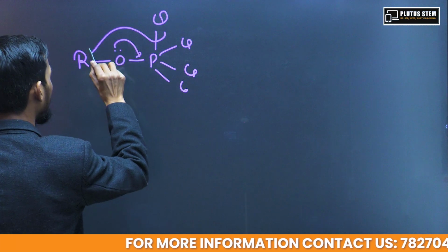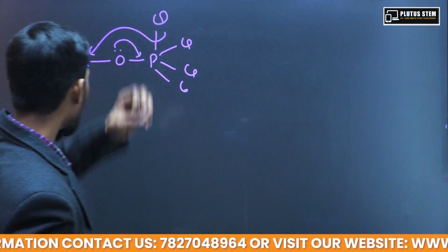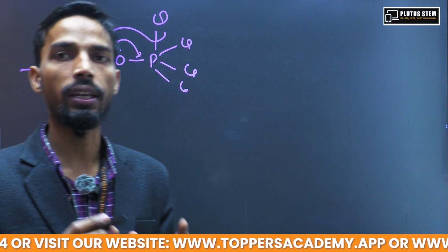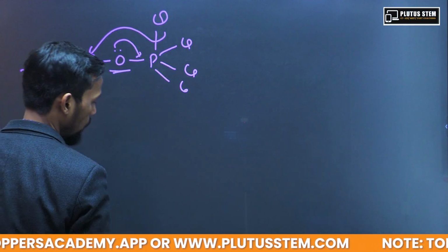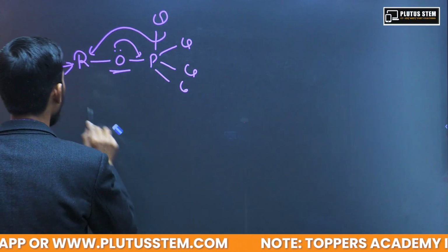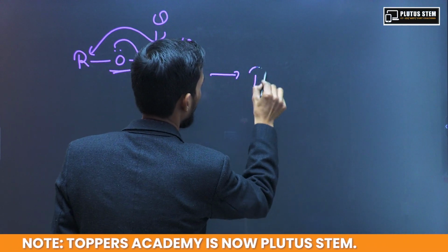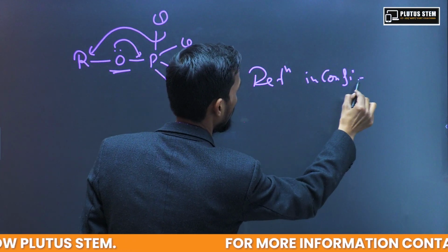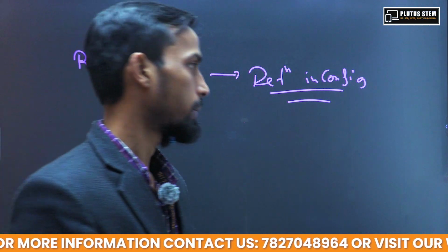This is breaking, and it is coming over here. So there isn't that much time for it to leave from here and attack from the backside. It is an intramolecular reaction. So it will attack from the same side from where the O was bound. That's why we will see retention in configuration, or you can say intramolecular reaction.